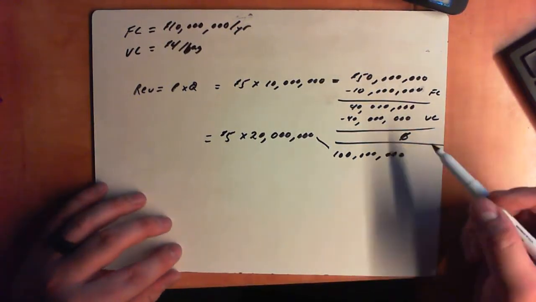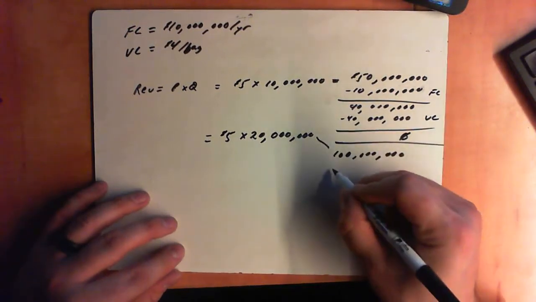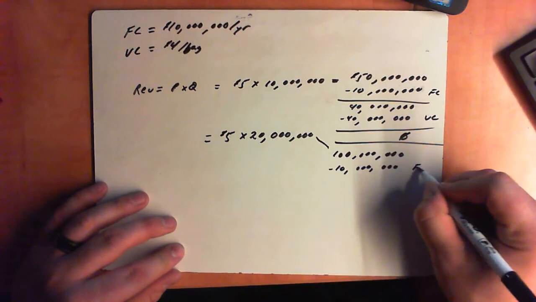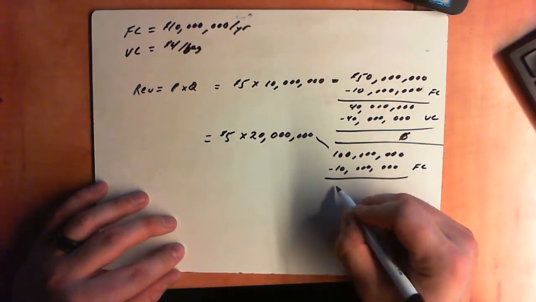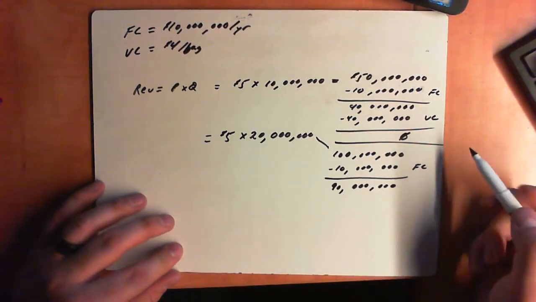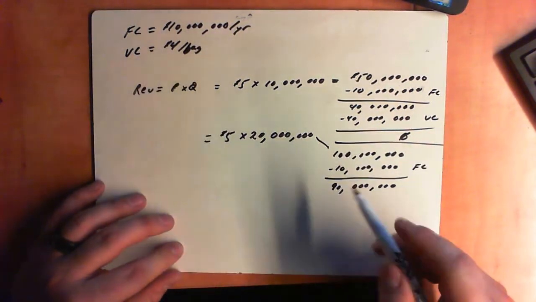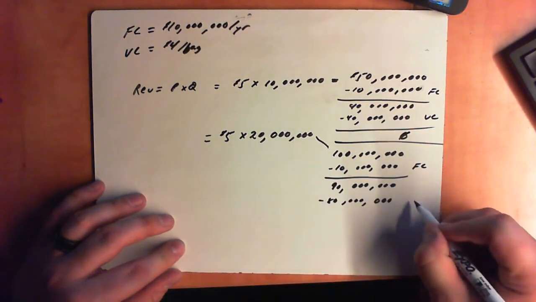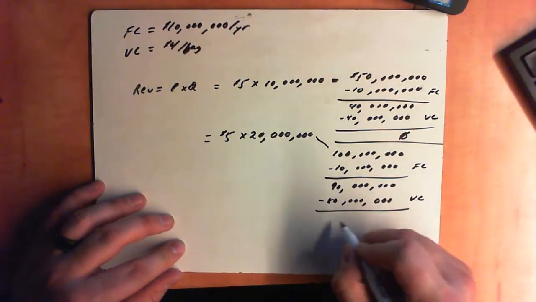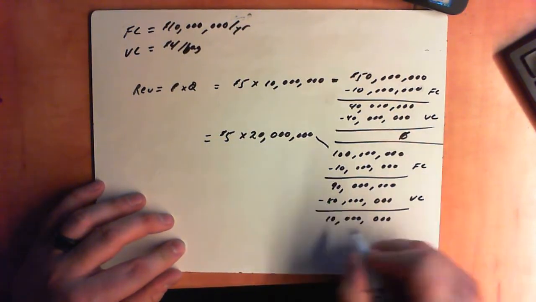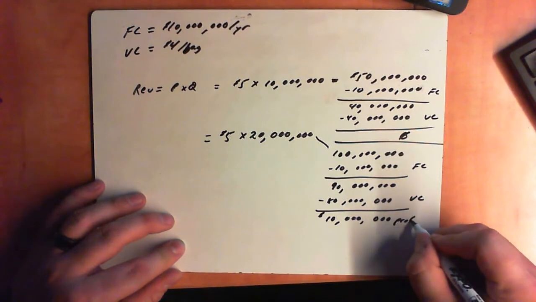Minus the $10 million in fixed costs gives them $90 million. If they're producing 20 million bags at $4 a bag, that's $80 million in variable costs, which leaves them with $10 million of profit.